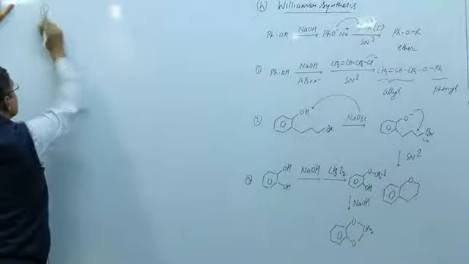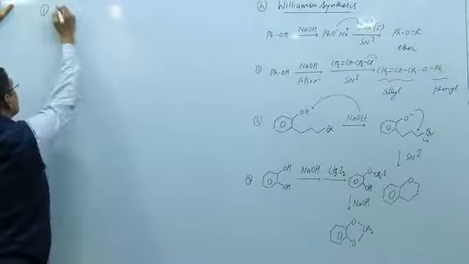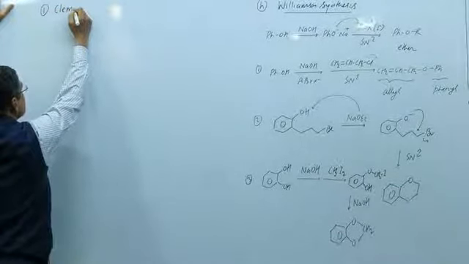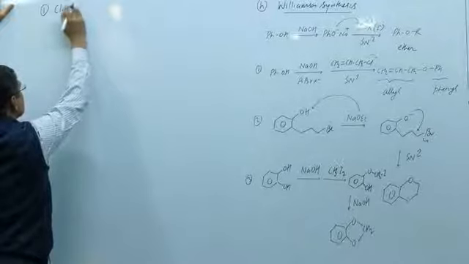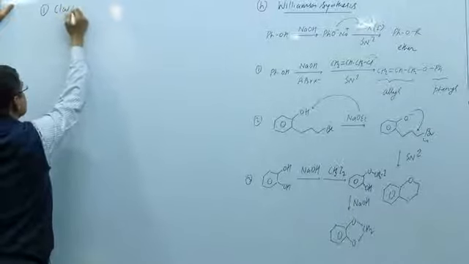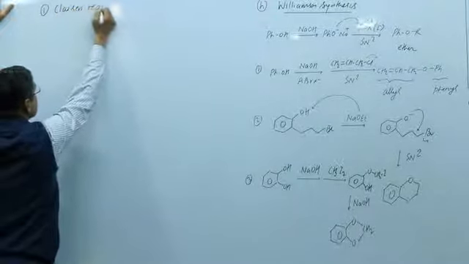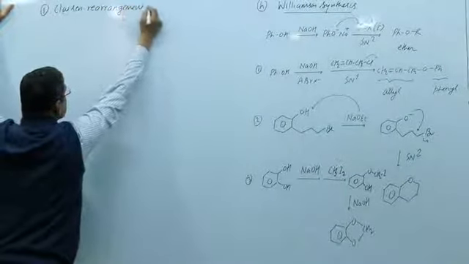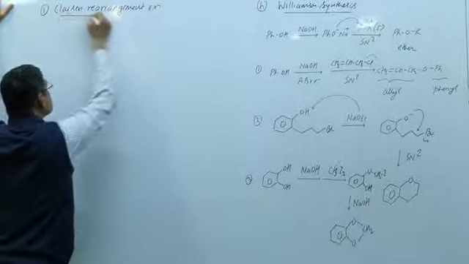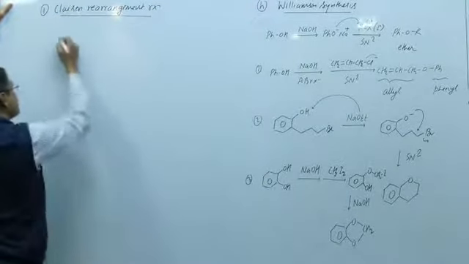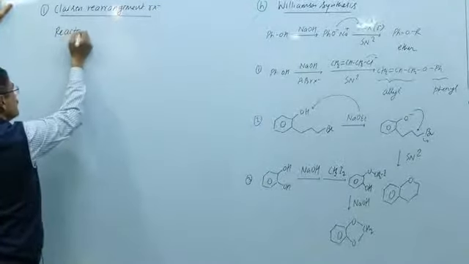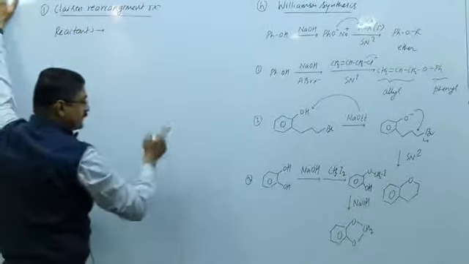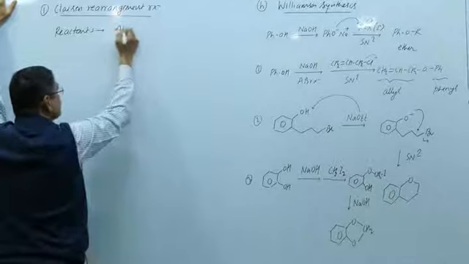Next reaction is the Claisen rearrangement reaction. You must remember the reactants for this reaction. This is allyl phenyl ether.